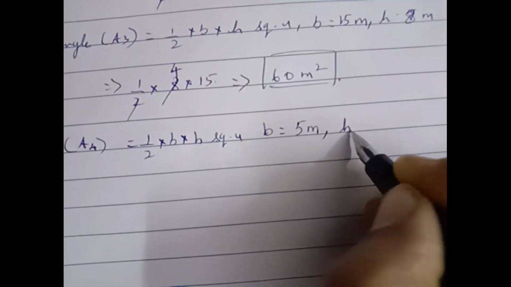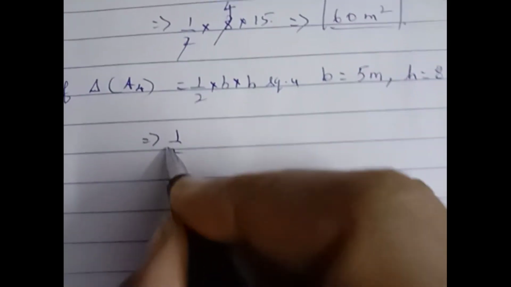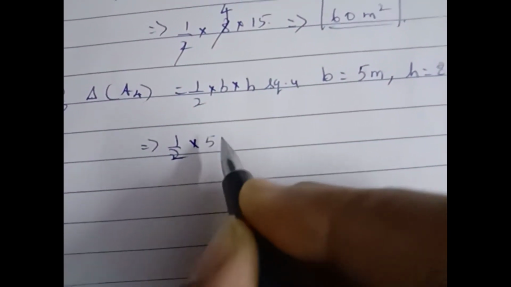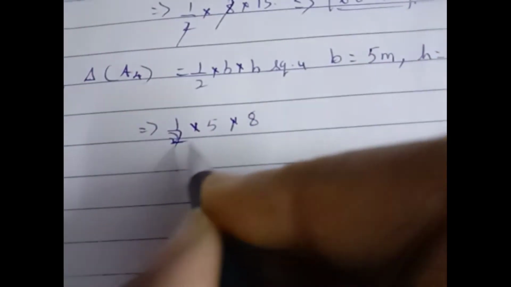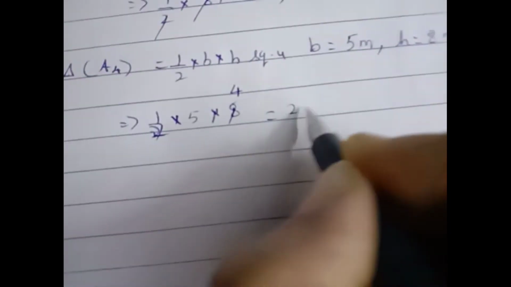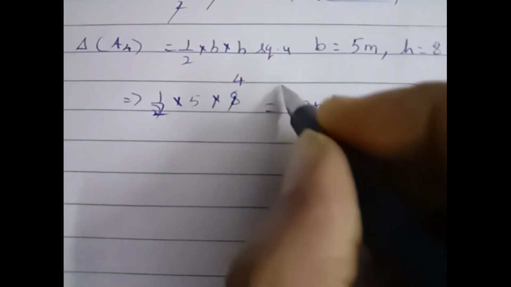Here B is equal to 5 meter and H is equal to 8 meter. Therefore, half into 5 into 8. If you cancel this one, 4, 20. 20 meter square.